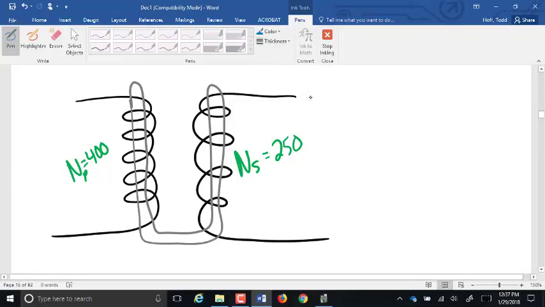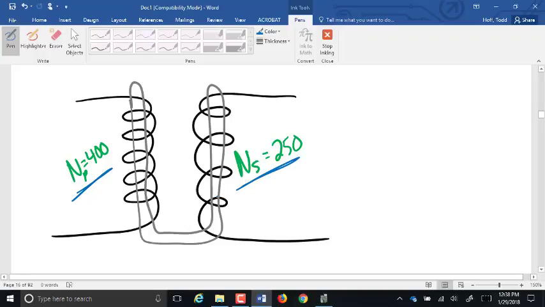So looking at this transformer, what would the transformer ratio be? Do you remember? You've got the primary coil and the secondary coil.